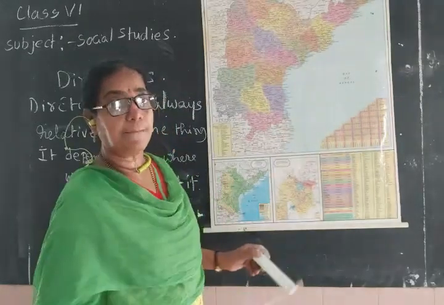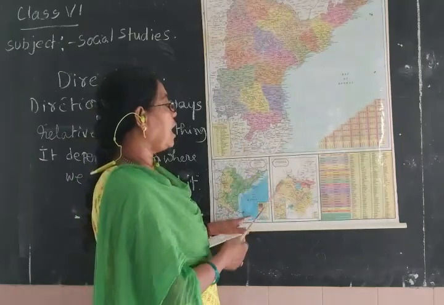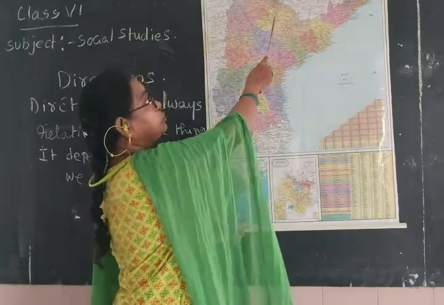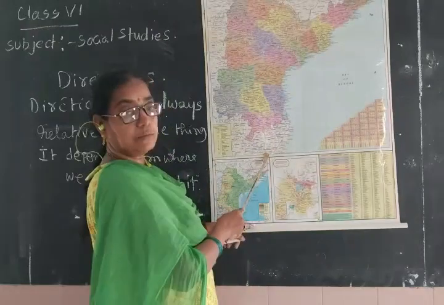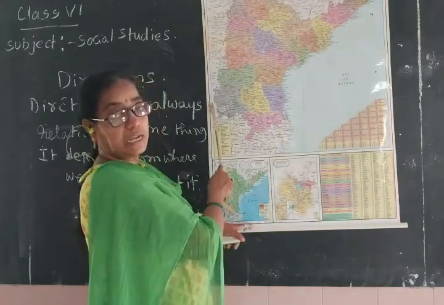If you go to see the map, I brought the Andhra Pradesh map. You see the Andhra Pradesh map: top always shows the north and bottom shows the south, right side east, left side west.